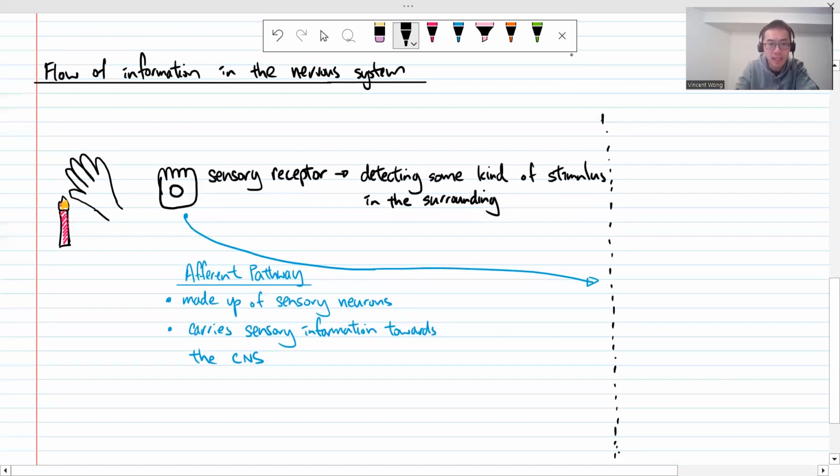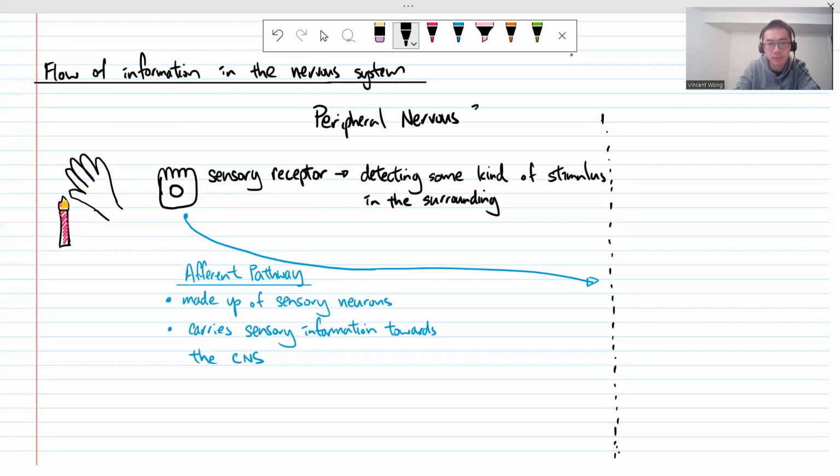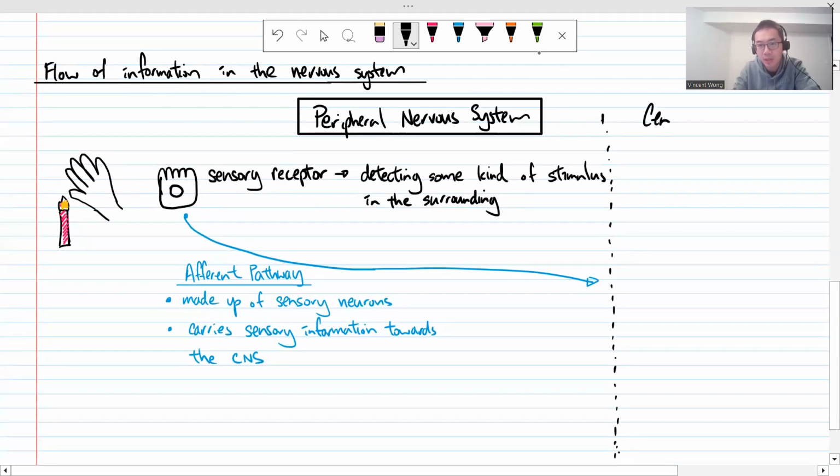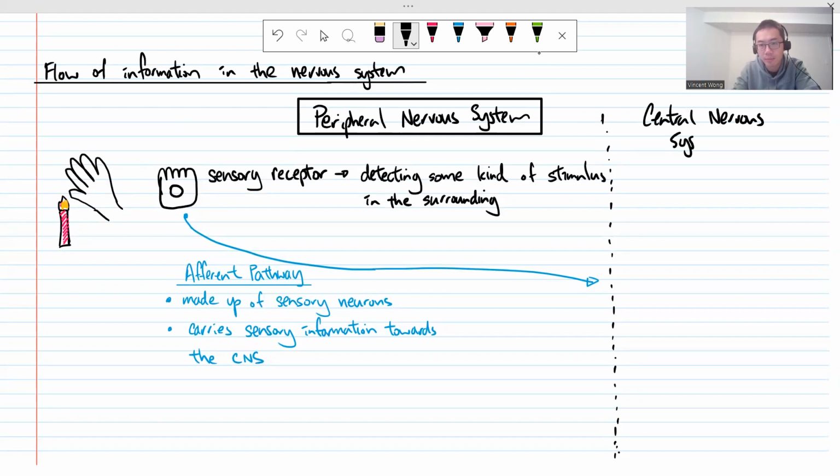All these things that are happening here are part of your peripheral nervous system, your PNS. And so the sensory information is going to carry along these sensory neurons, and then it's going to go to the central nervous system.